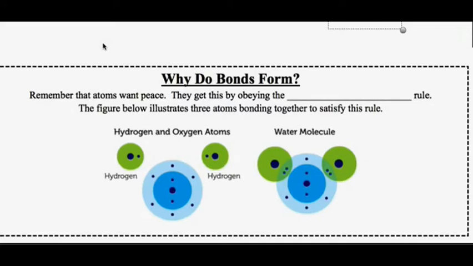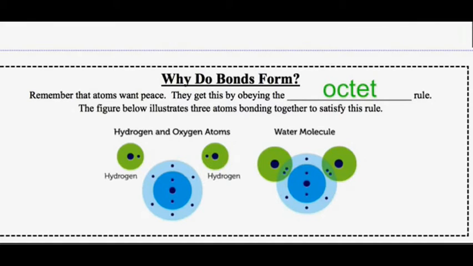Remember those 8 electrons that I talked about? Well, that is called the octet rule. So let's look at this figure here. We see that we have 3 atoms here, and let's see how they're going to satisfy this rule. You've got an electron here in hydrogen, electron here in hydrogen, and in oxygen you have 6 electrons in the outer shell.